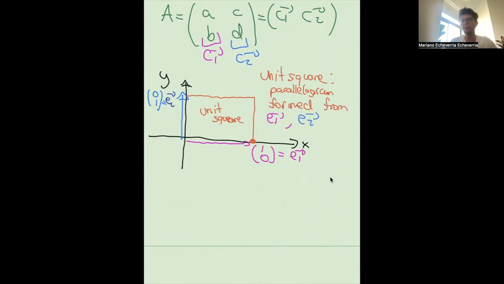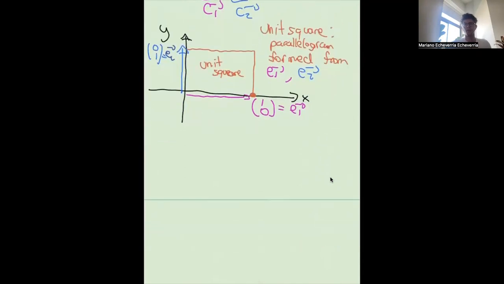Is that okay, everyone? So far, so good? Is that making sense to this point? So again, we can start with the unit square, and we can identify very easily the size of the unit square.